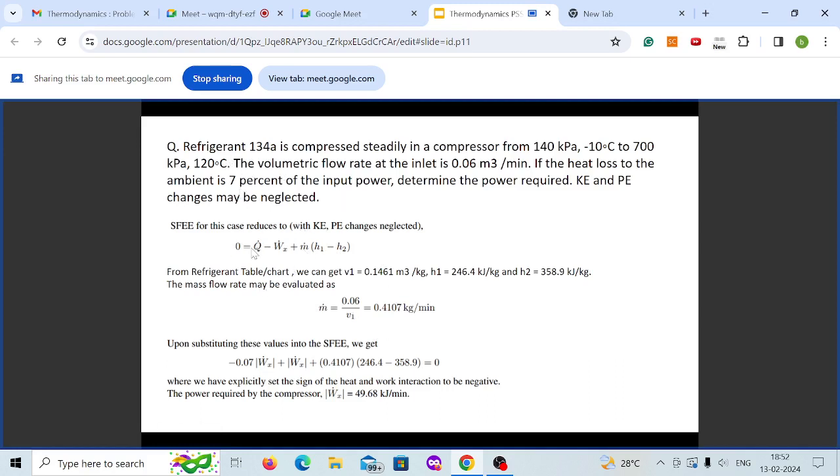So Q is 0.07 W. Substituting all the enthalpy values in the expression, we will get W as 49.68 kilojoule per minute.